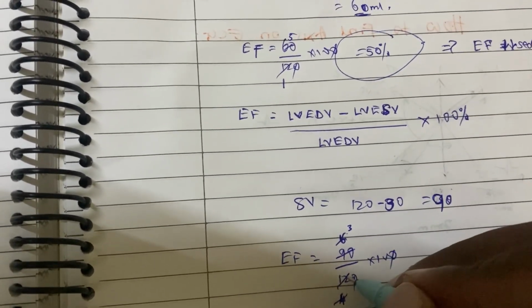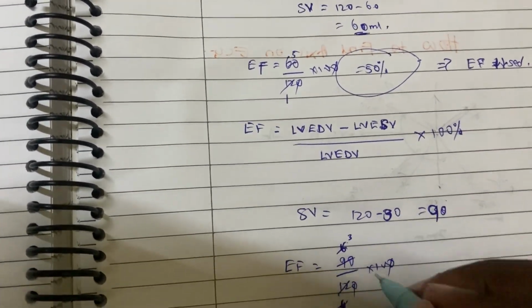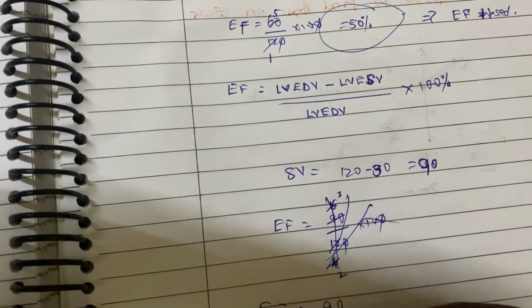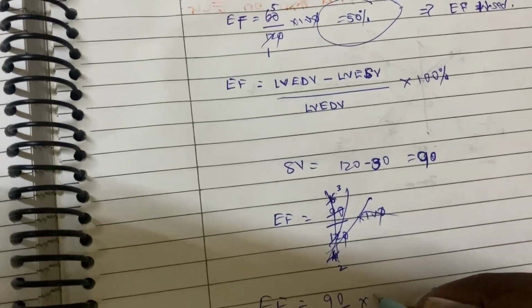What is wrong with me? EF will be 90 over 120 times 100.